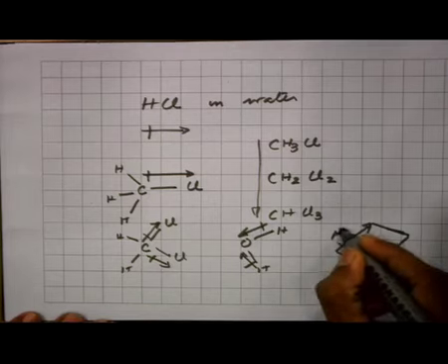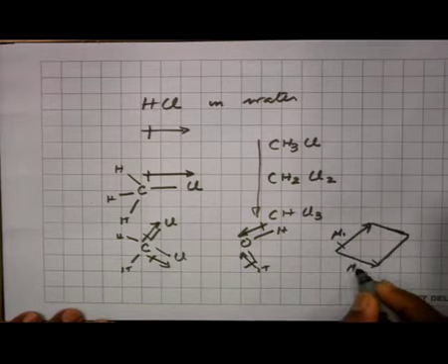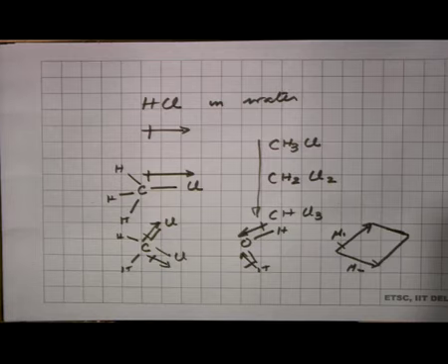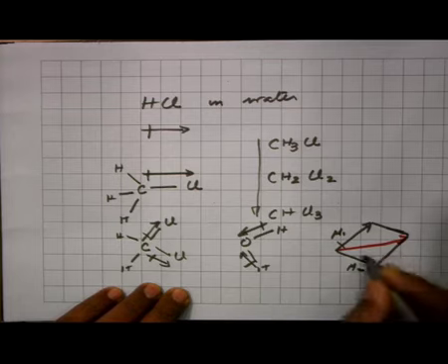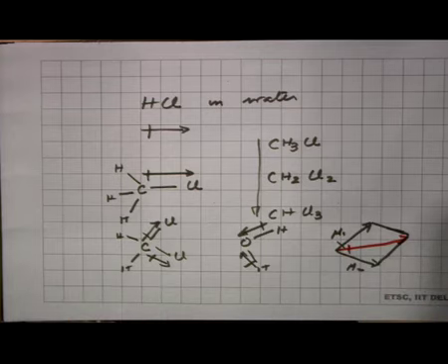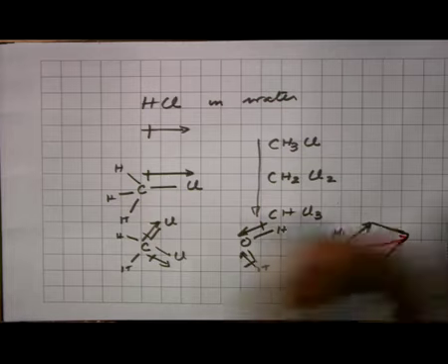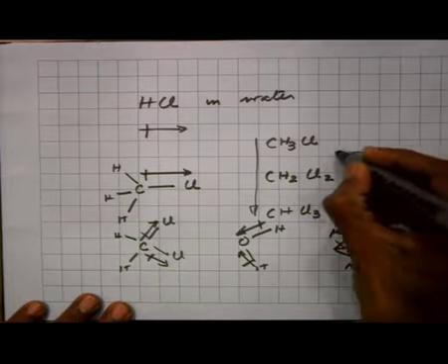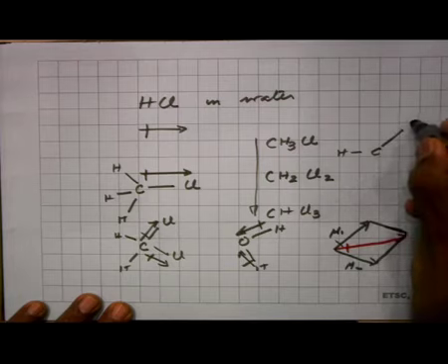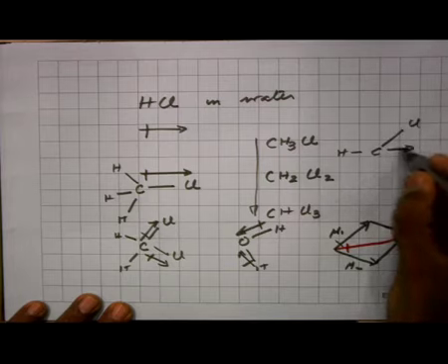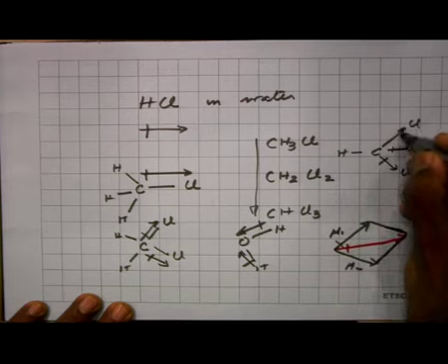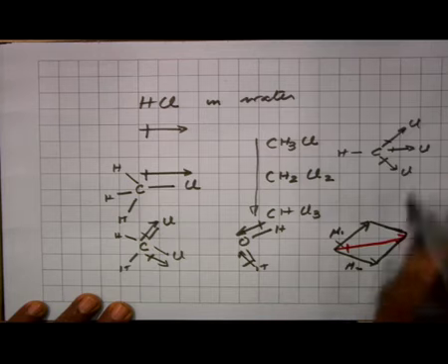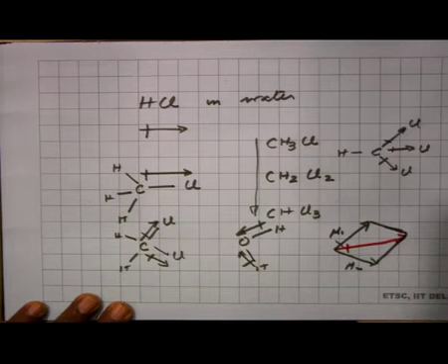So, you have mu 1 here, mu 2 here, and the resultant would be in this particular direction. You could do the same thing when you have 3 of them, as would be the case if you have CHCl3. And you can do vectorial addition as you have done here, to get the resultant dipole.